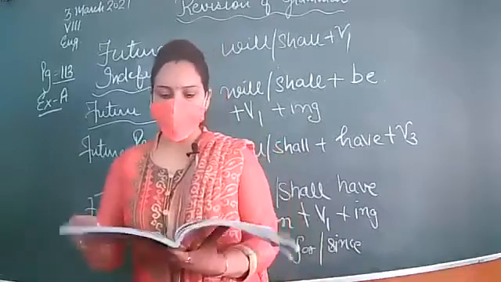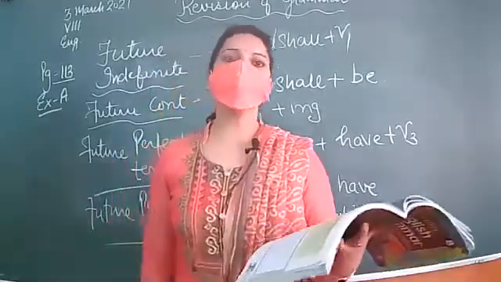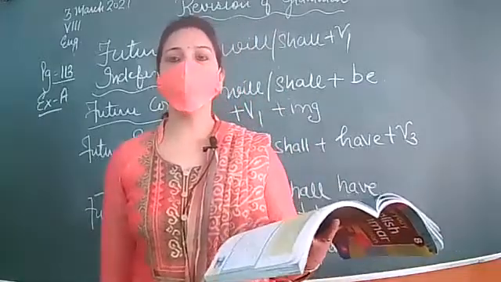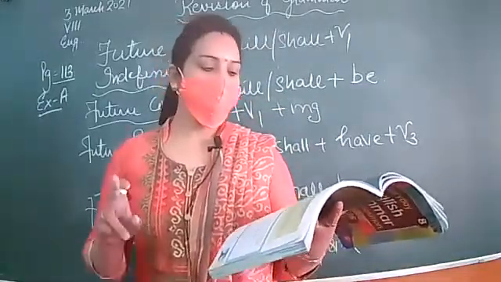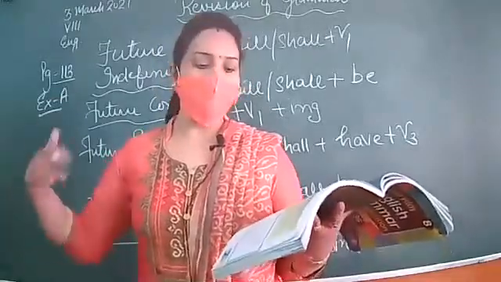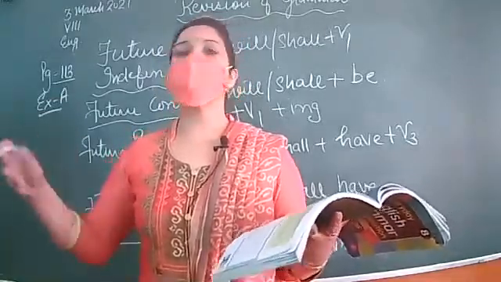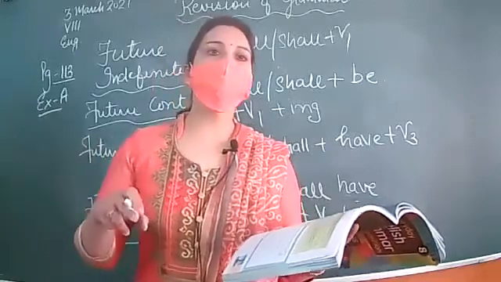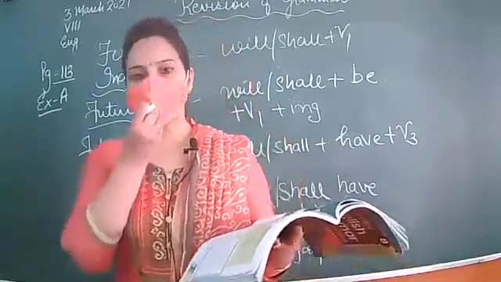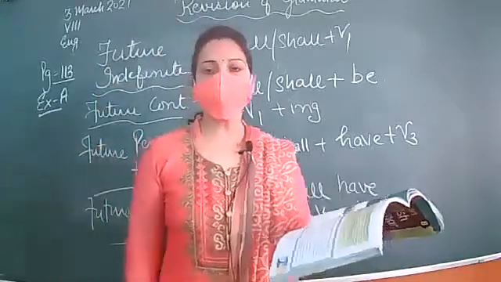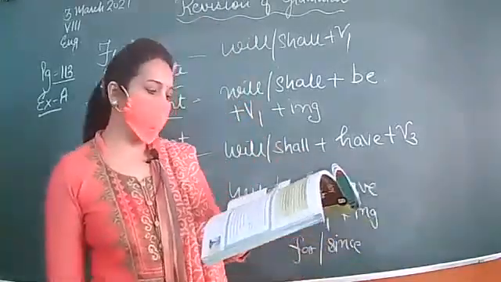Clear? So when you reach Chennai, he will help you find a good hotel. Don't write will 2 times. For the first action, present tense. For the second action, future tense.